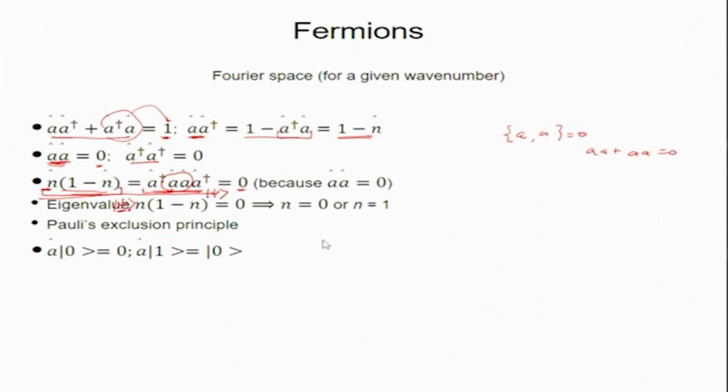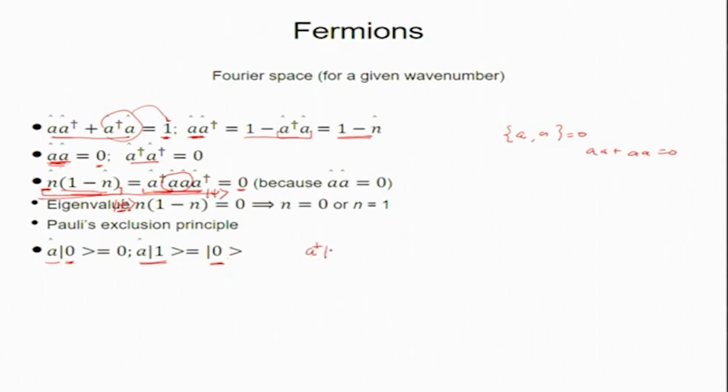Now, you can easily see that this is a vacuum state. In a vacuum state there are 0 particles, so if I act with a destruction operator, I will get 0. A acting on 1 will give you 0. There is 1 particle, I destroy it, I get the empty state.